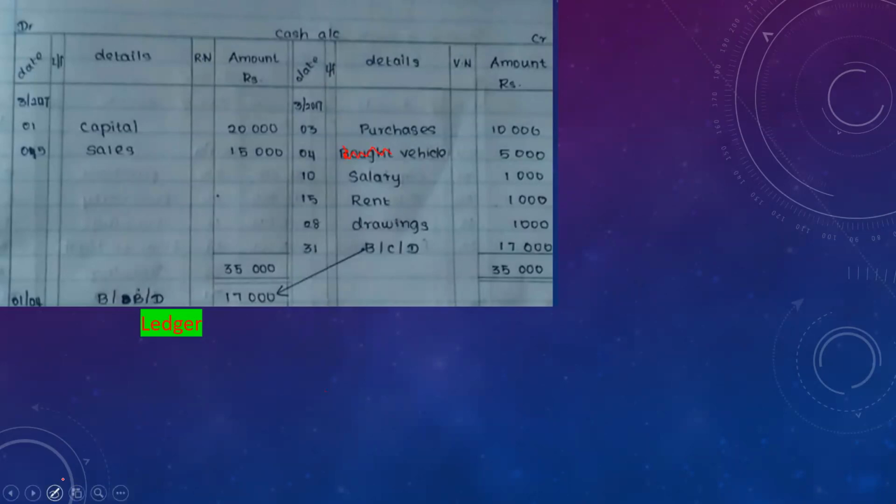So you have all these accounts one by one: capital, sales, purchase, vehicle, salary, drawings, rent, etc. In the ledger, we open small accounts.